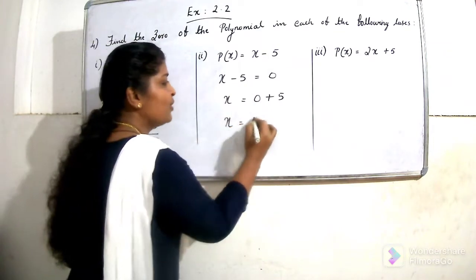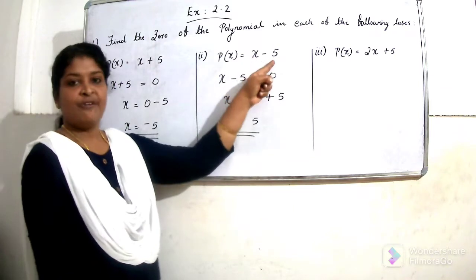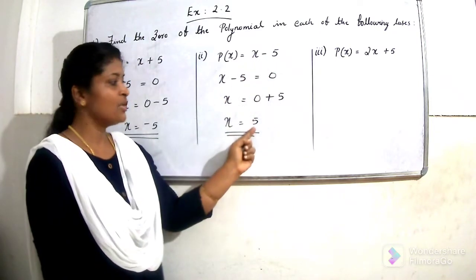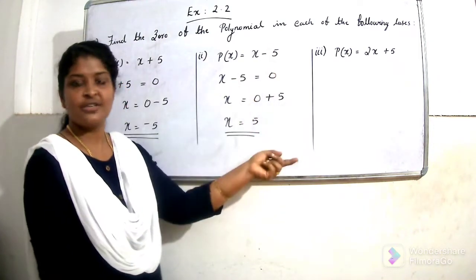So x is equal to positive 5. So for x minus 5, the zero of the polynomial is positive 5.